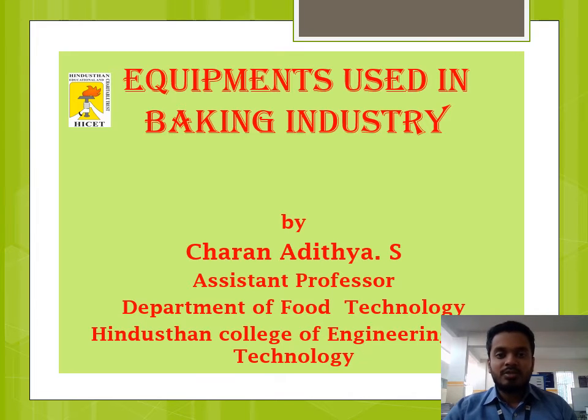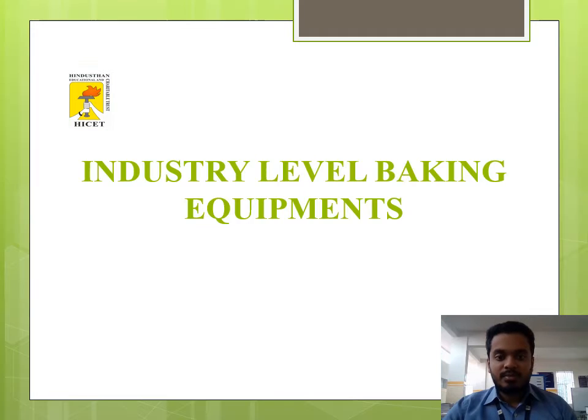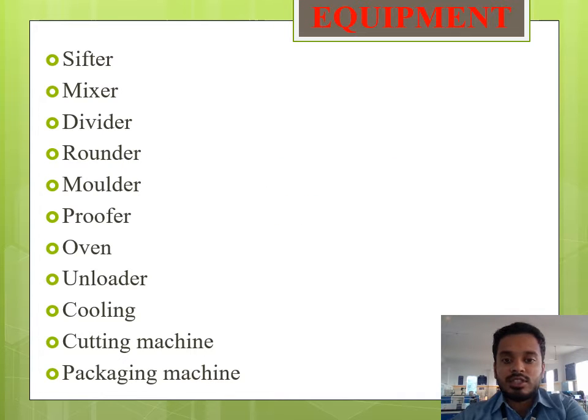So today we are going to see about equipments used in bakery technology. We are going to see about the industrial level baking equipments used. So these are the basic and foremost equipments used in baking. The first one is shifter.